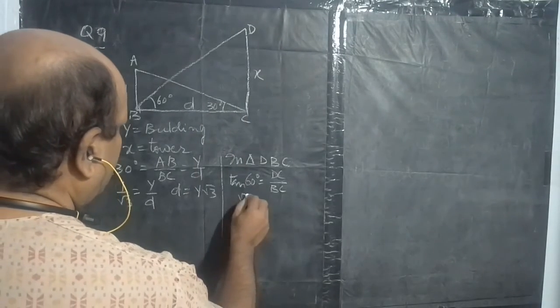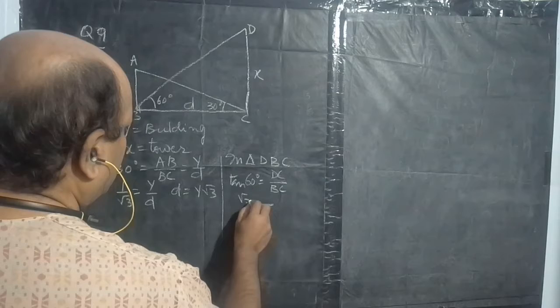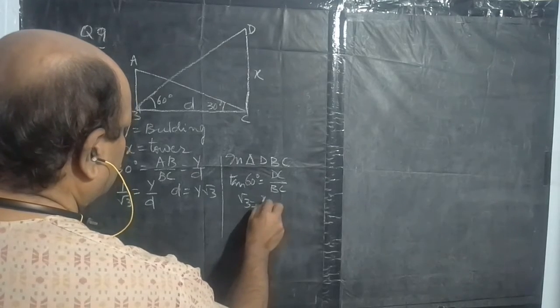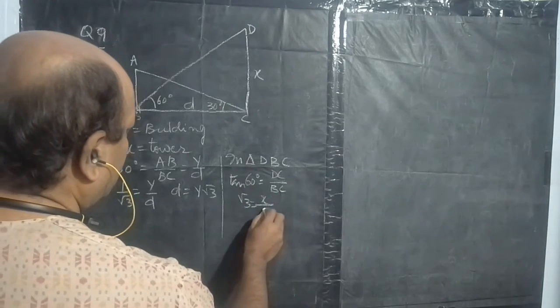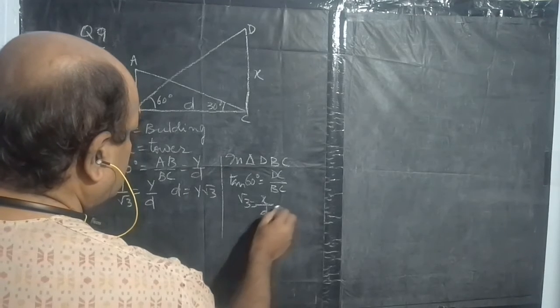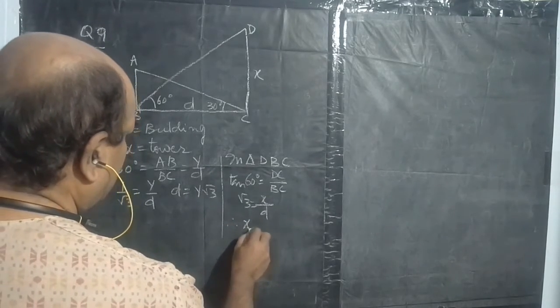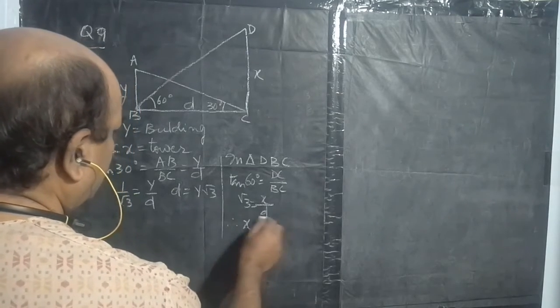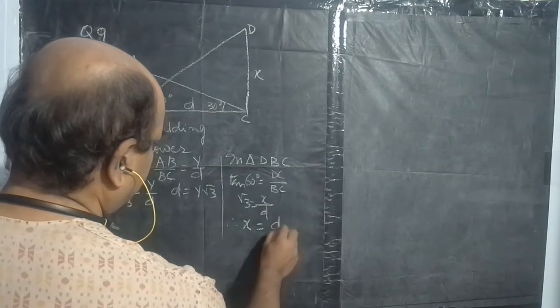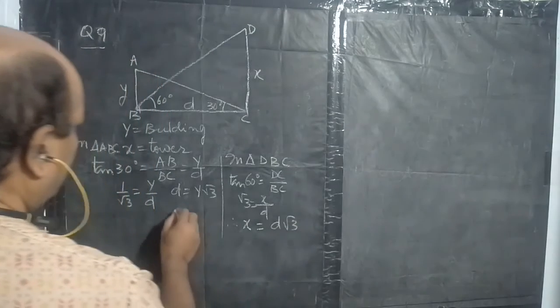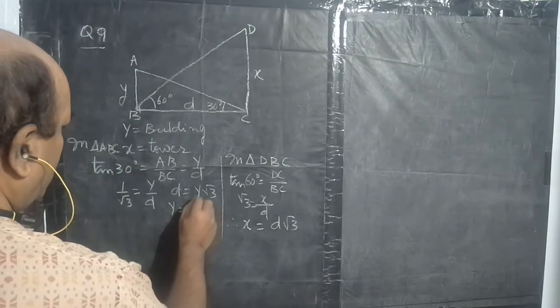Now tan 60 degree is root 3 and DC is equal to x, and BC is equal to d. So therefore x is equal to d root 3. And here y is equal to d upon root 3.